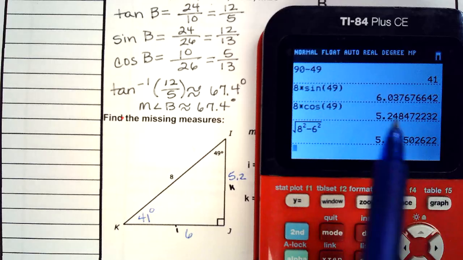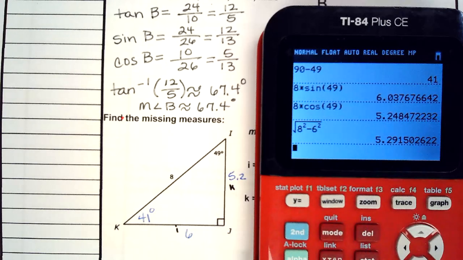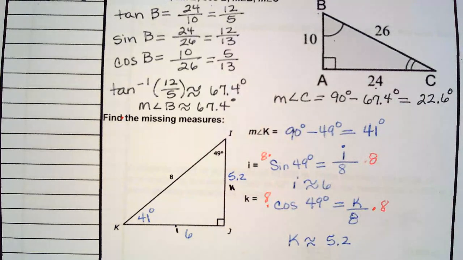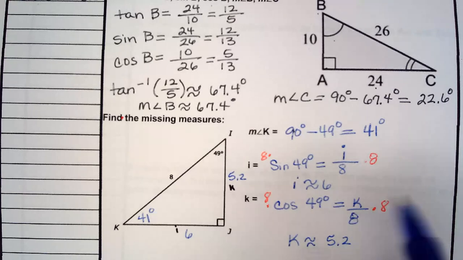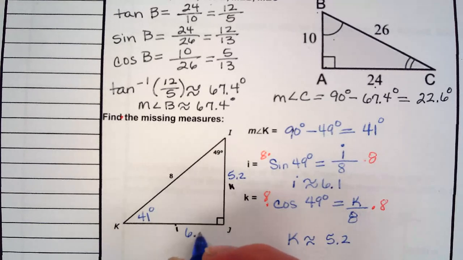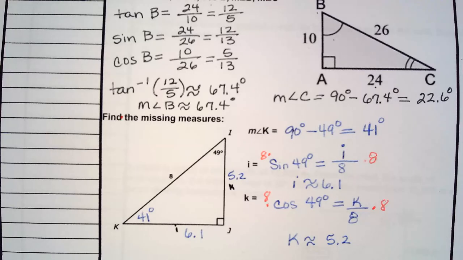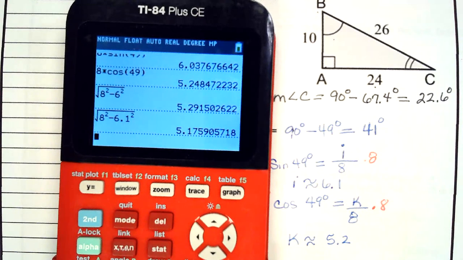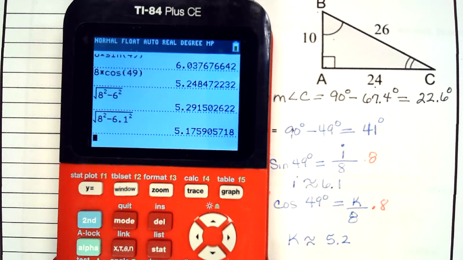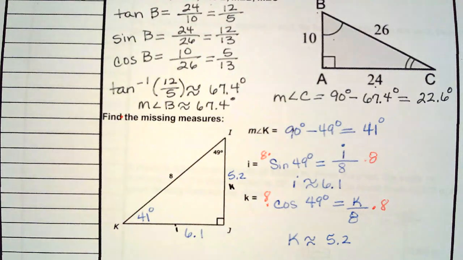If I would have gone out to another decimal, I would have been a little bit closer, and I would have gotten 5.17, which is a little bit closer to 5.2. So that is how you use the trigonometric ratios to find different side lengths.